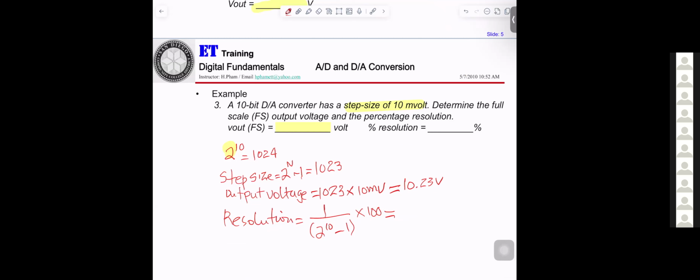So 0.09775 is the resolution, right? 2 power of 10 is 1024, minus 1, 1023. Inverted, 9.77, times 100, 0.097.